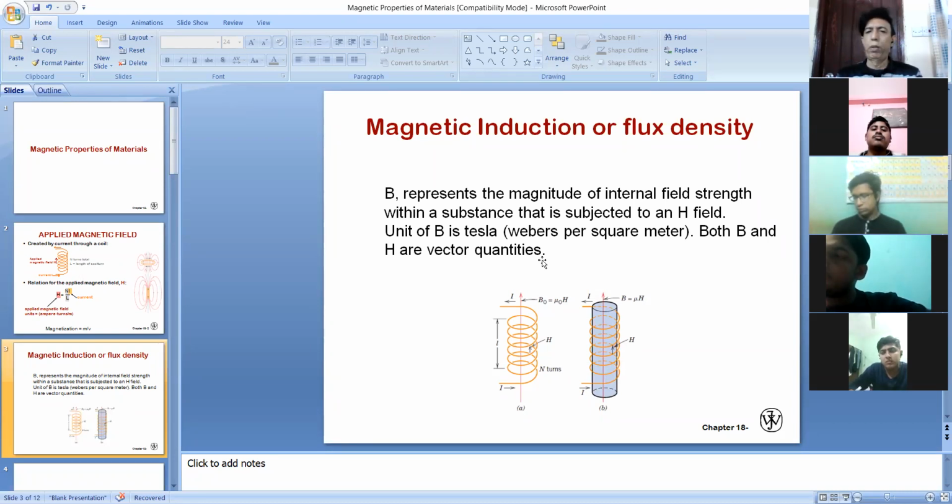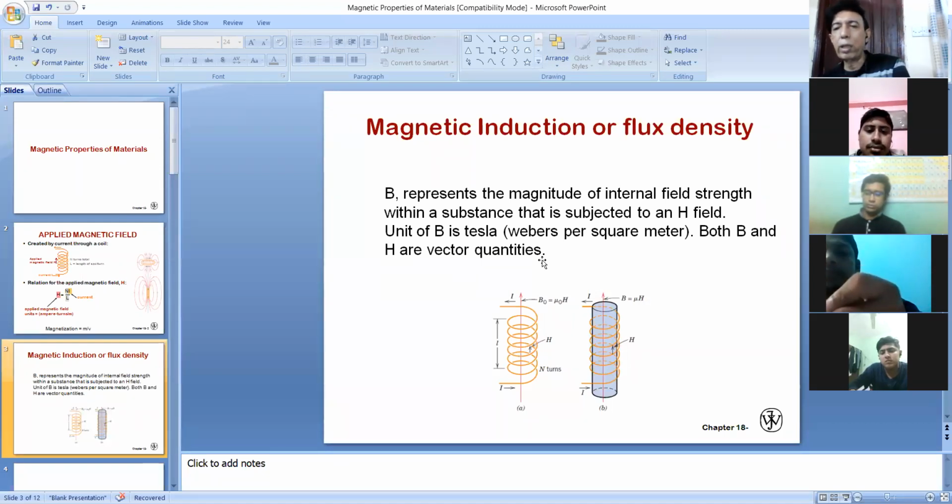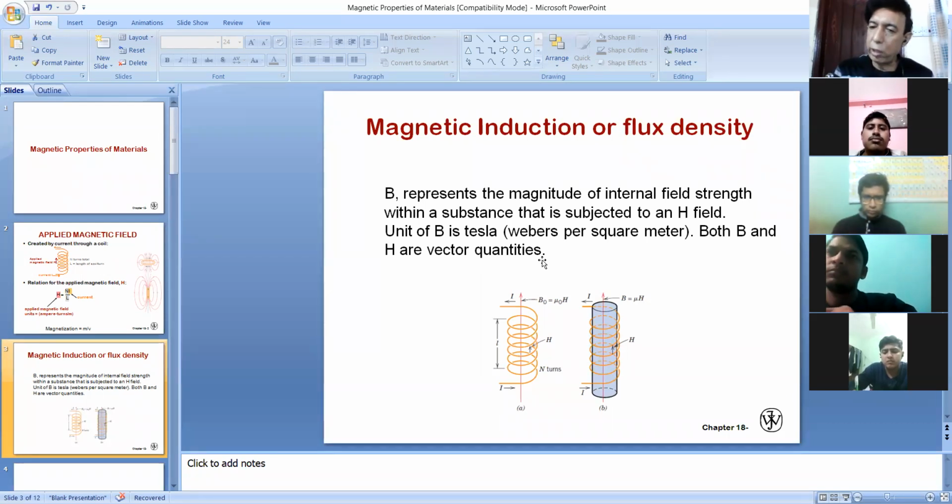Now, what is the difference between B and H? H is the original one, and B is the induced one. Both are magnetic field, but H is the original one.